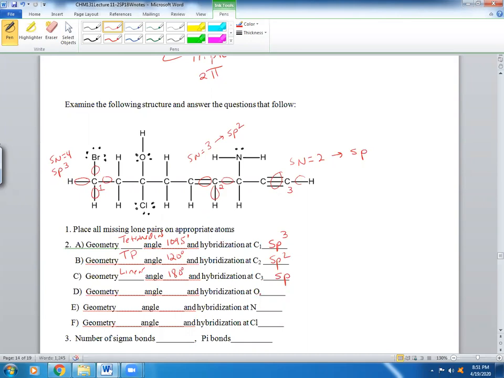Okay, hybridization at O. One domain, two domains, 3 and 4 domains. So that's a steric number of 4. And 4 stands for sp3. The geometry, okay, well, I have 2 lone pairs and 2 bonds.